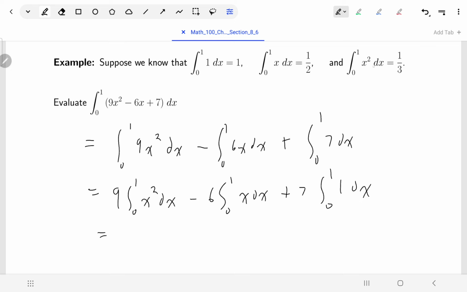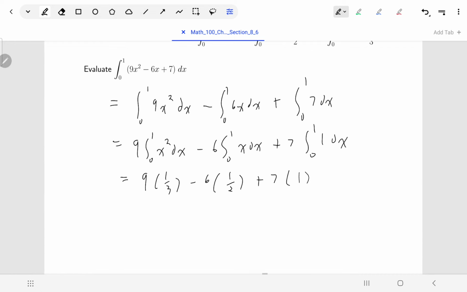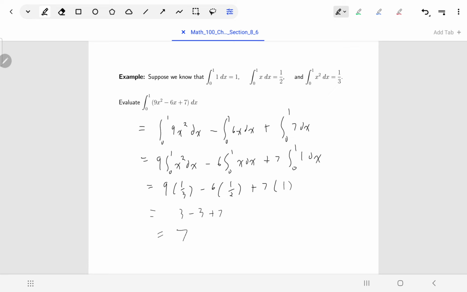I've been told that the definite integral of x squared is a third. The definite integral of x is 1/2. And the definite integral of 1 is 1. And then basically I'm finished. I can say that my definite integral should then be equal to 7.